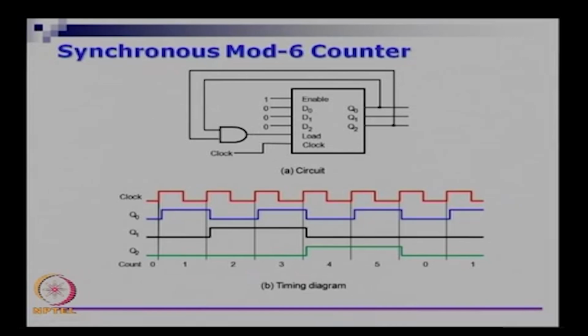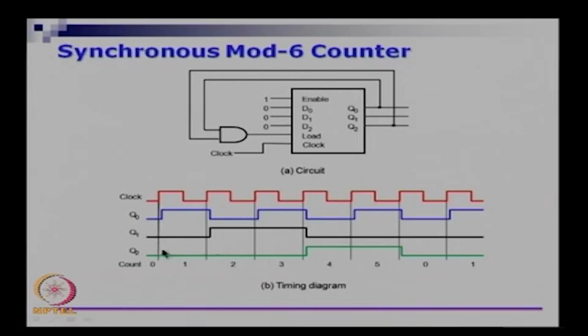The moment you have reached 5, then this AND will have a 1 that is coming in as a load for this counter. So the moment load comes in, from 5 it will not count to 6, it will load whatever is at the input. So D0 is 0, D1 is 1, D2 is 0, that will get loaded as the counter value. So Q0, Q1, Q2 will go to 0. So that is what you are seeing here.